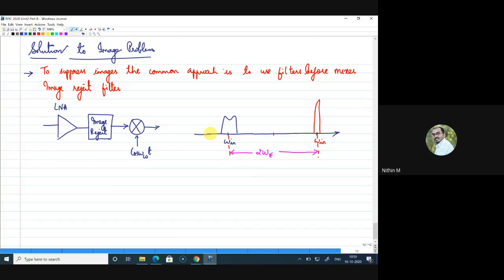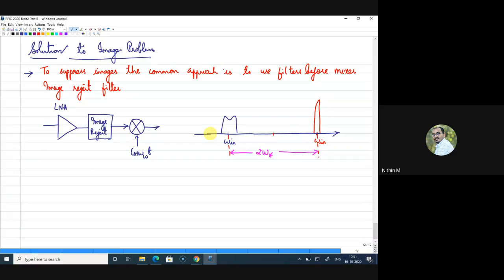My question to you who are listening: in order to do this image rejection filtering without burdening the filter requirements, what can be done?